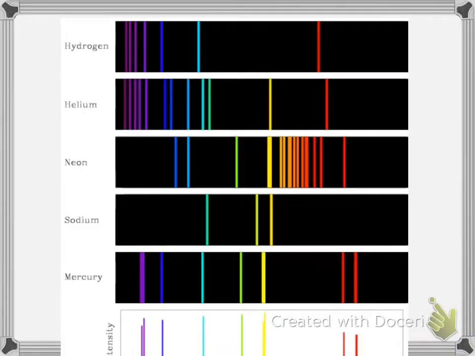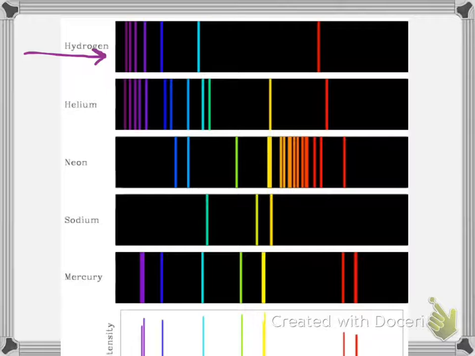So for example, here's what the atomic emission spectrum looks like for hydrogen, helium, neon, sodium, and mercury. Okay, so if you had a hydrogen light bulb and you passed that light through a prism, you would get these lines of light that you see here for hydrogen.